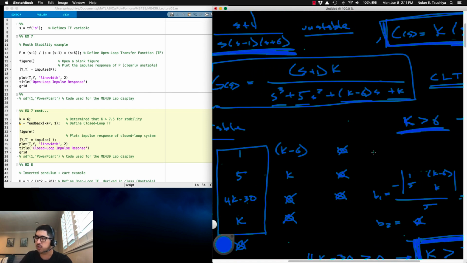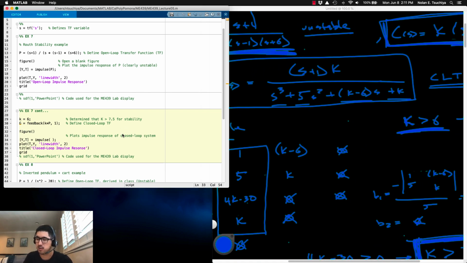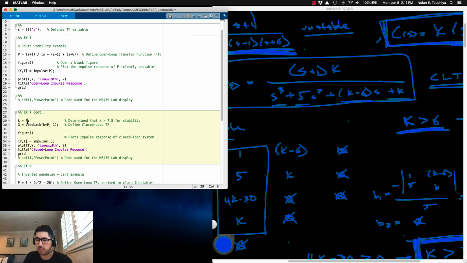However, what I want to show you is that that's not going to be sufficient for stabilizing this system. If we input a value like 6.1, which is greater than 6, all our coefficients will be positive, and if we look at the impulse response of the closed loop system, we should get a stable response, right?